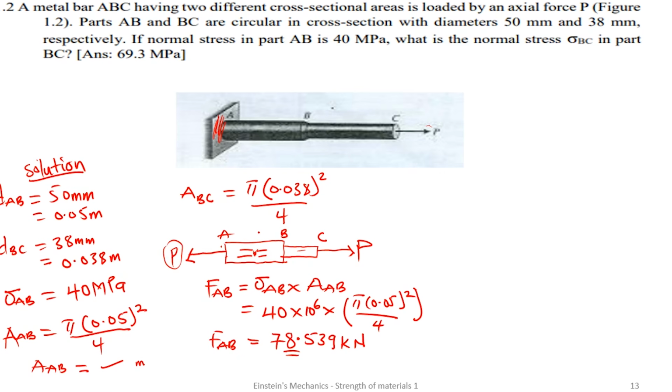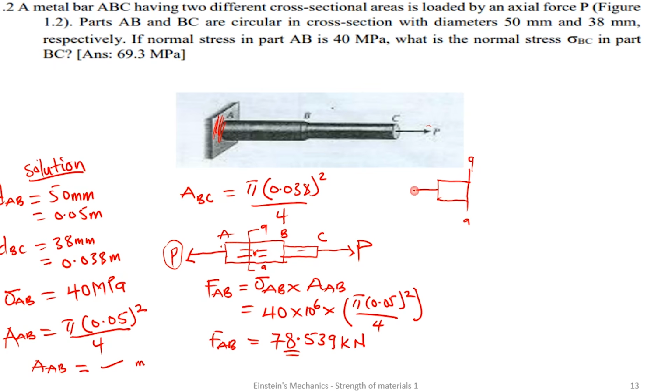Yes, we can do it. So let's create a section. I'm going to cut member AB. So if I cut, I'm going to get a section like this. Remember, this is the cut surface, AA.